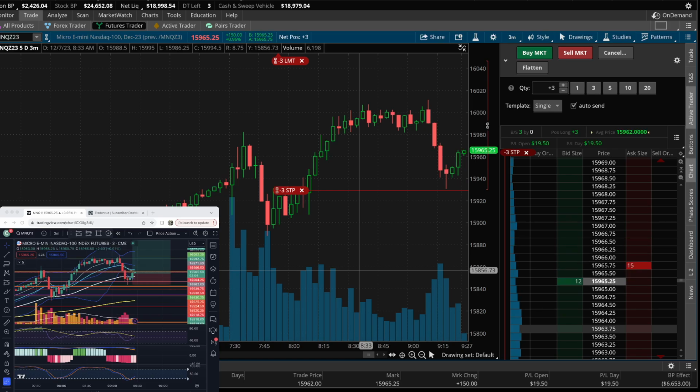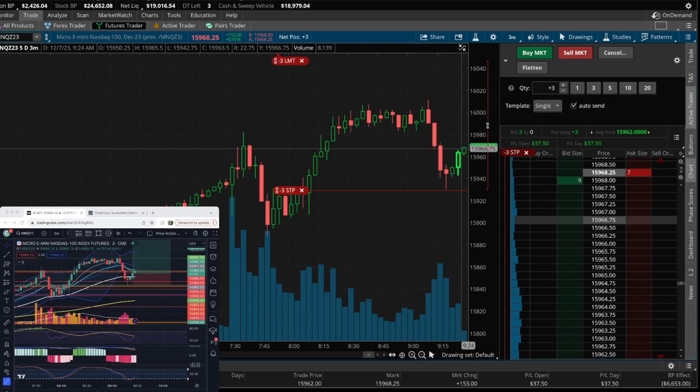All right, 15,930.50. I'm going to put the stop one tick below the swing low here.